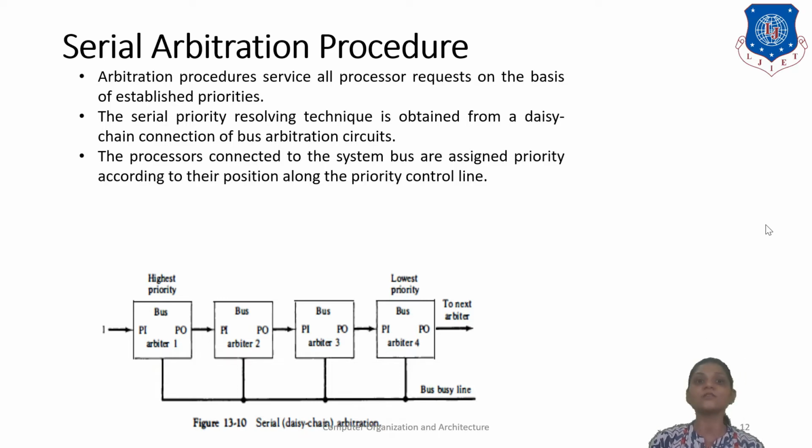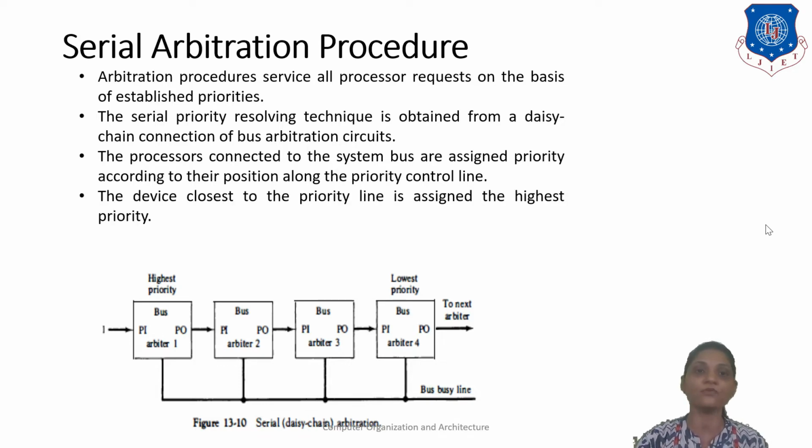The processors connected to the system bus are assigned priority according to their positions along the priority controller line. Whichever is connected first, closest to the priority line, has the highest priority, and the processor with the higher priority can access the bus.